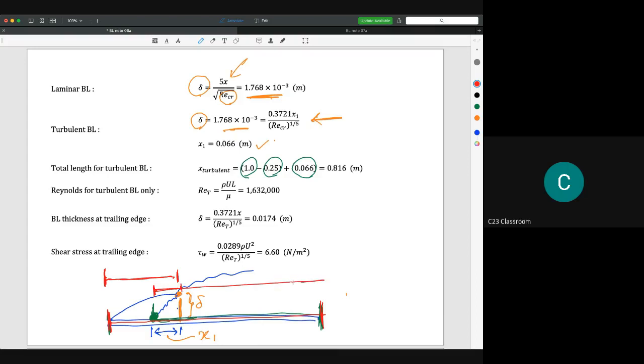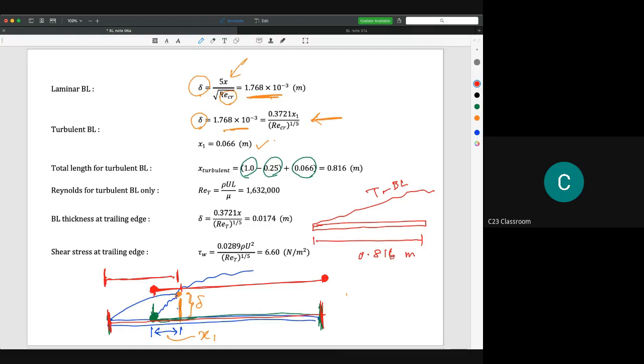Now we could get the total length from the virtual starting point of the turbulent boundary layer until the end of the plate. If we separate the laminar and turbulent boundary layer, the turbulent boundary layer can be imagined to start here, and the length of this one is actually 0.816 meter only. That is the idea of this calculation.